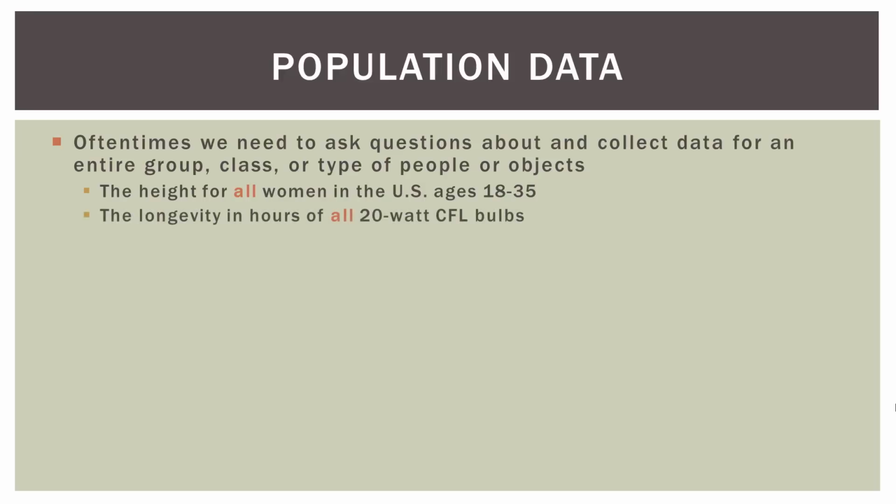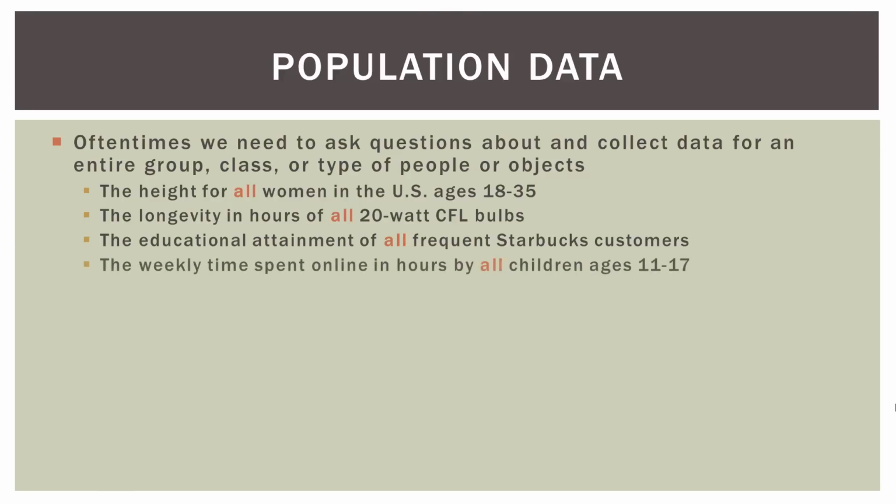In our example, the longevity in hours of all 20-watt CFL bulbs in our production run. The educational attainment of all frequent Starbucks customers. And the weekly time spent online in hours by all children ages 11 to 17.